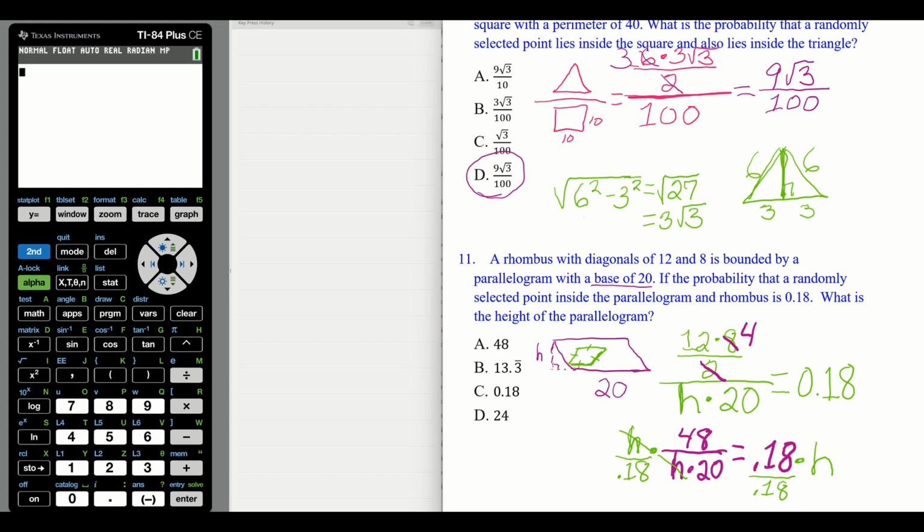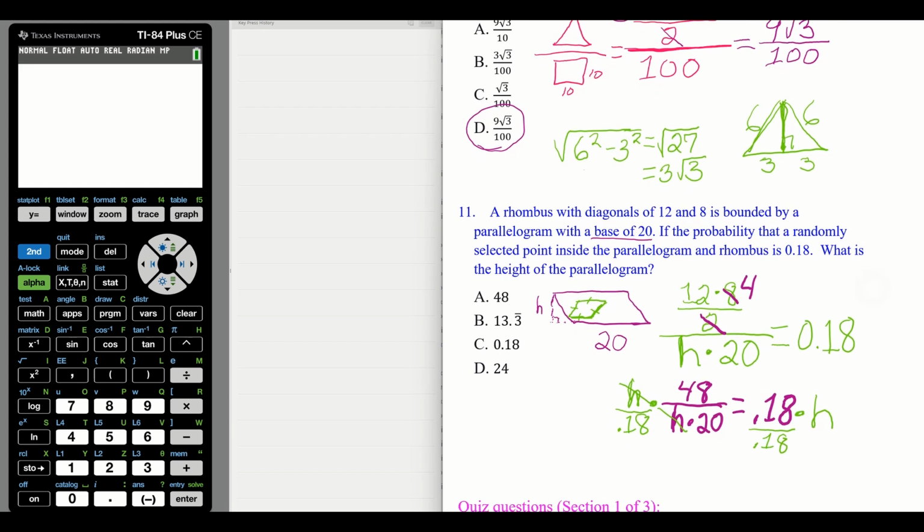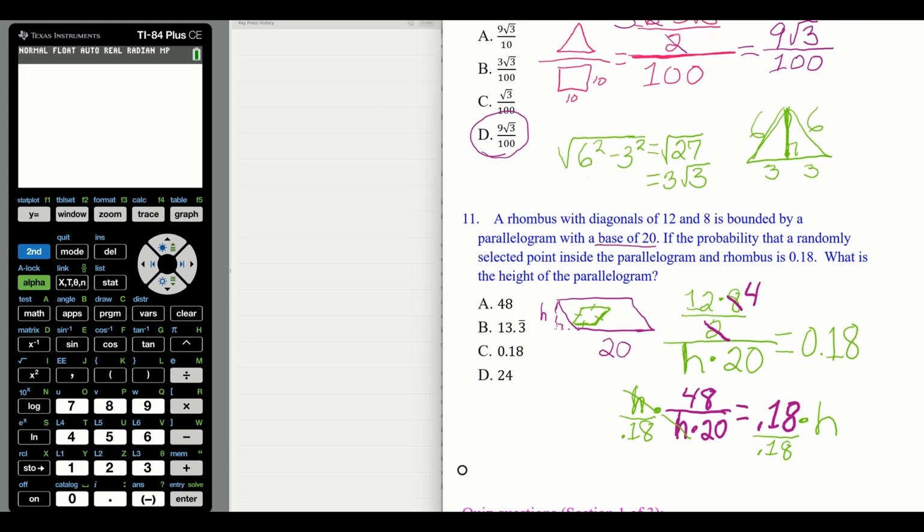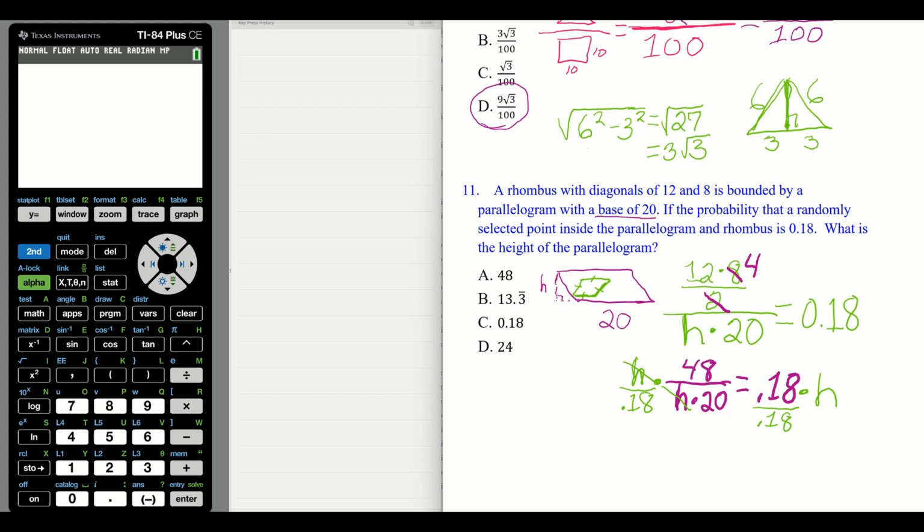Let's clean it up. Go back to the color we had and clean it up. Well, that's going to be 1, so that's going to be H. We got rid of our H's here, so our numerator is 48. So then we've got 18% times 20. Well, that's clean.